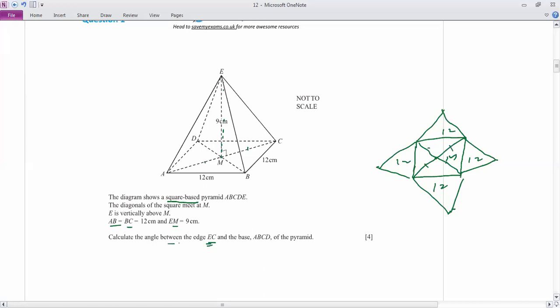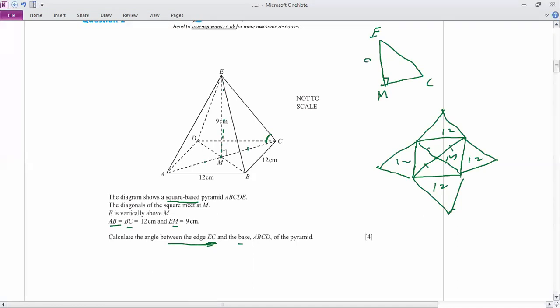Calculate the angle between the edge EC and the base. This EC, this angle you have to find, okay? Now, for that, first, if you look at this one, this triangle EMC is going to be a right angle triangle, this is the right angle.